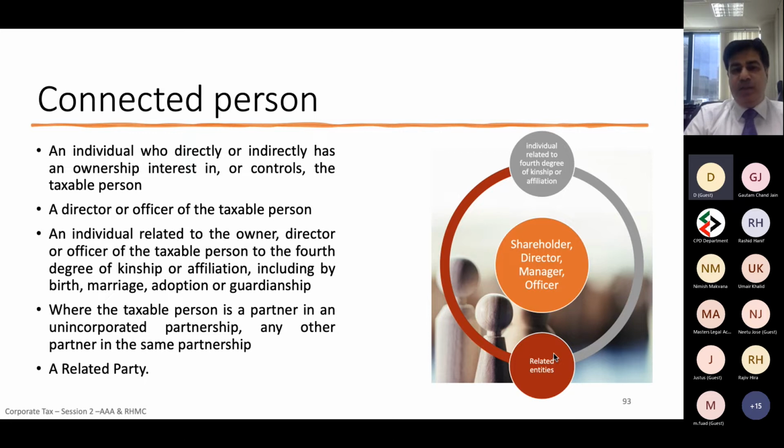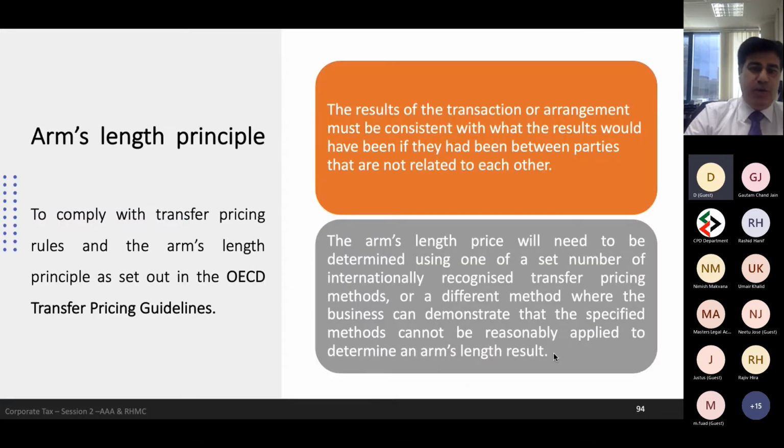Where a taxable person is a partner in an unincorporated partnership, any other partner in the same partnership is a related party. So it comes quite heavily on first defining who are the people who become part of it. All those sections need to be looked at. We have not even started looking at what the arm's length principle is, but related party and connected party are important definitions.